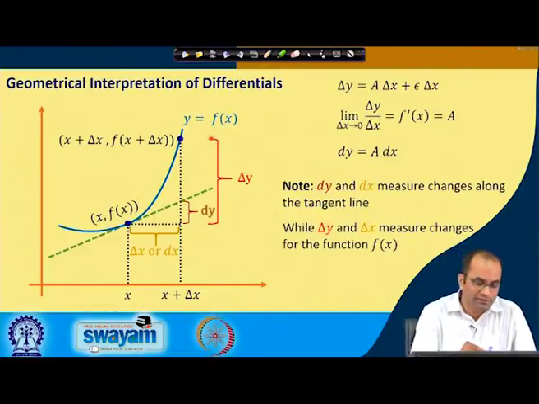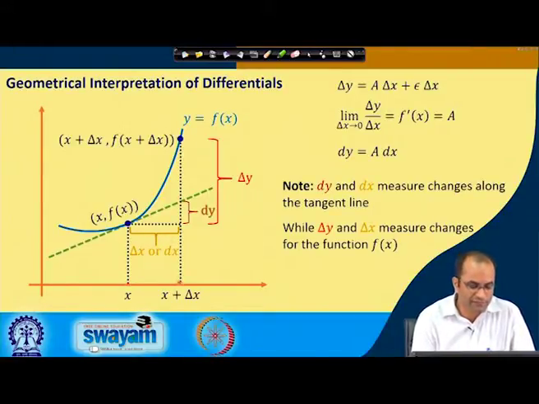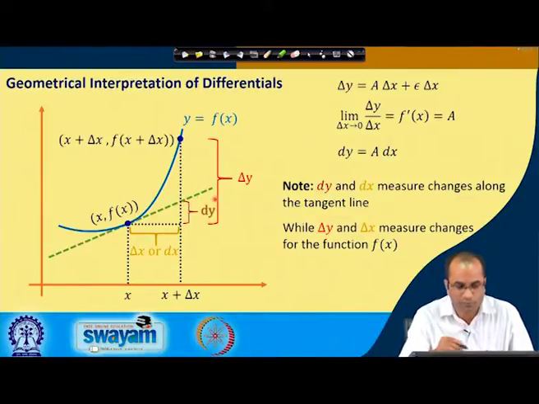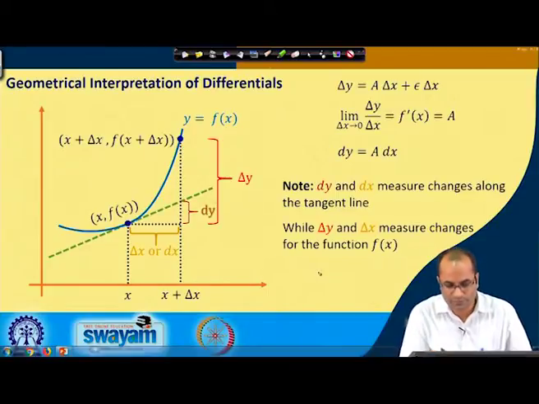So, this we have denoted delta y, and delta x and dx are the same, because change in x, whether we denote it by delta x or dx, is the same, but along this y axis, this is a change in the function and this is a change in the tangent line of the function.